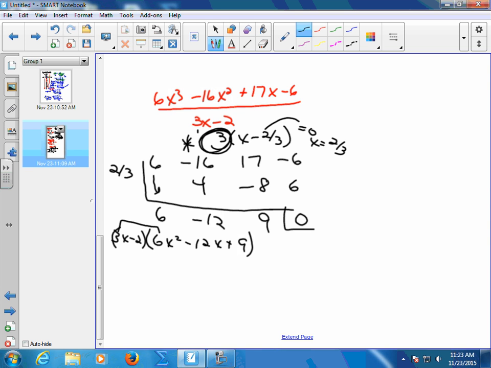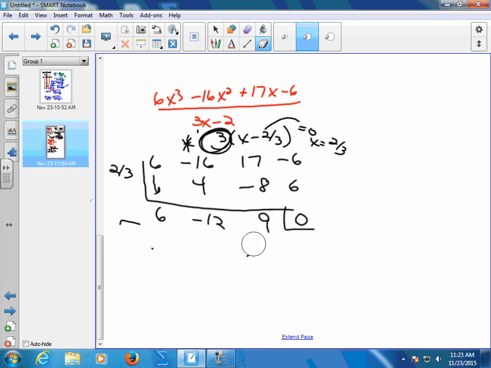What is 3 times 6? 18. It doesn't come out to be 6, right? So we've got to take one extra step. What we have to do is divide this whole row. Divide everything by 3. Whatever we factored out, we have to divide by. You can tell right by your front end that it doesn't work.